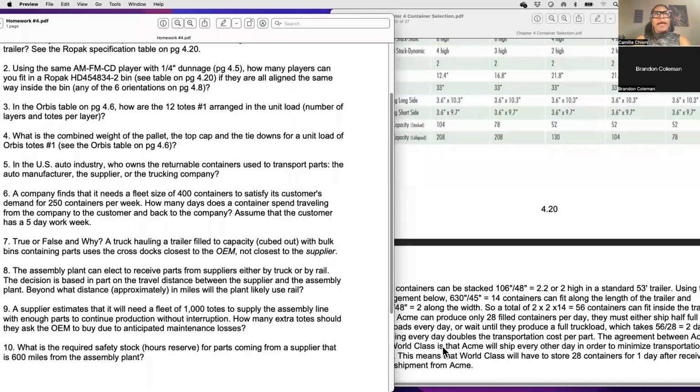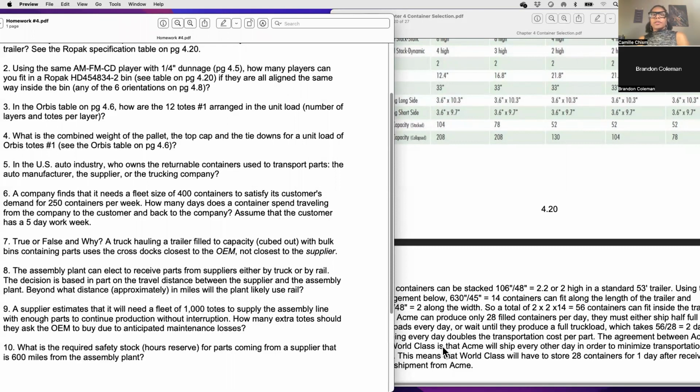Maybe they're actually going to have 2 drivers and tag team it. It can be a double run, or maybe the truck driver changes so that they don't run out of hours. They assume they're running 70 miles per hour on the truck, mostly on highway. So, think about those things.